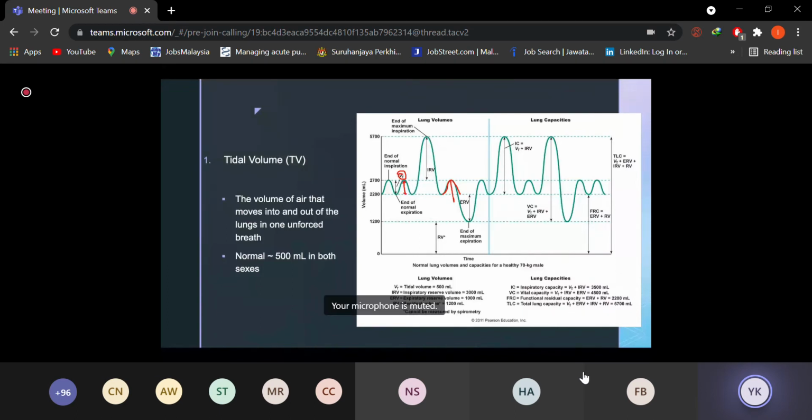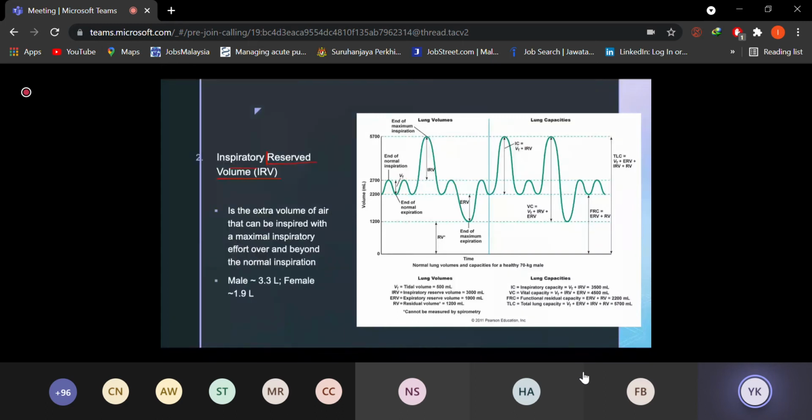Inspiratory reserve volume: you inhale, but there is a reserve volume. When you put in some effort to inhale more, this is the inspiratory reserve volume, IRV. It is an extra volume of air that can move into your lungs after a normal inspiration.